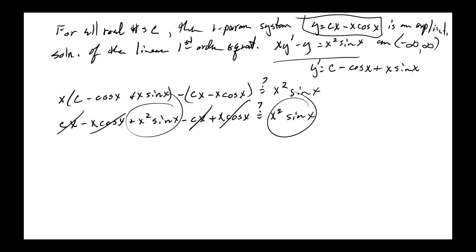That's a solution free of parameters. So that's one definition of a particular solution. Remember, a particular solution was a solution without any parameters in it. This one came from our one parameter system. Other times we'll have ones that don't come from there that will be particular solutions.